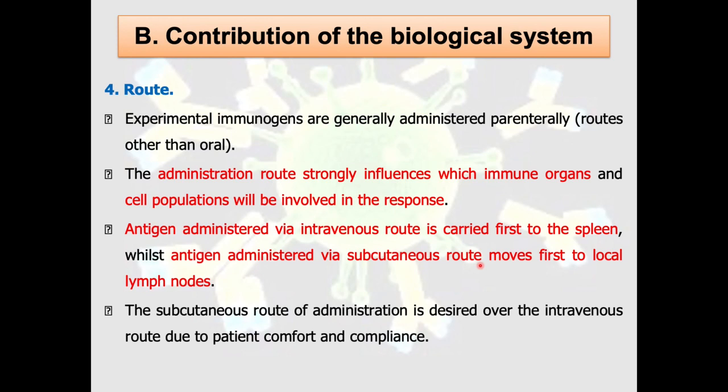You inject insulin beneath the skin, not into the veins. That's why patients who suffer with diabetes can inject themselves, no problem, because they don't need to find veins, they just inject beneath the skin. The subcutaneous route of administration is desired over the intravenous route due to patient comfort and compliance. So patients mainly prefer subcutaneous to intravenous.